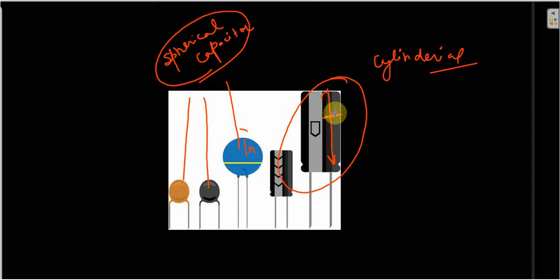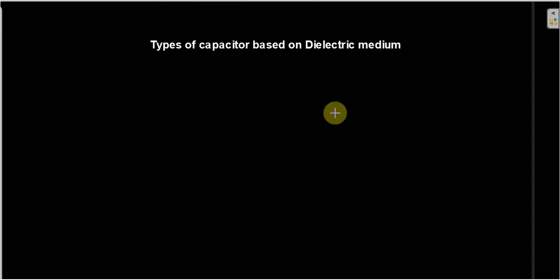Now the next type which we are going to discuss depends on the dielectric medium. As we know, dielectrics are those substances which do not conduct electricity, but when placed under an electric field, they get polarized. To increase the capacitance of a capacitor, we use dielectric medium.